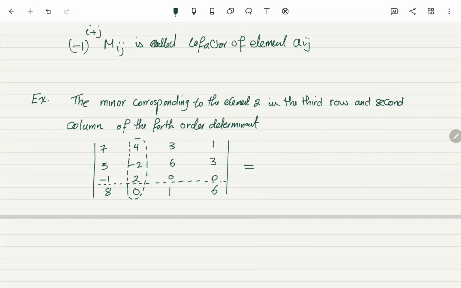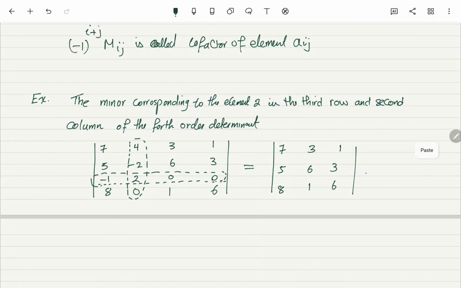If we cover this and cover this, the rest will be the minor. So in this case here, the minor will be a 3 by 3 determinant, and it should be 7, 3, 1, 5, 6, 3, 8, 1, 6.